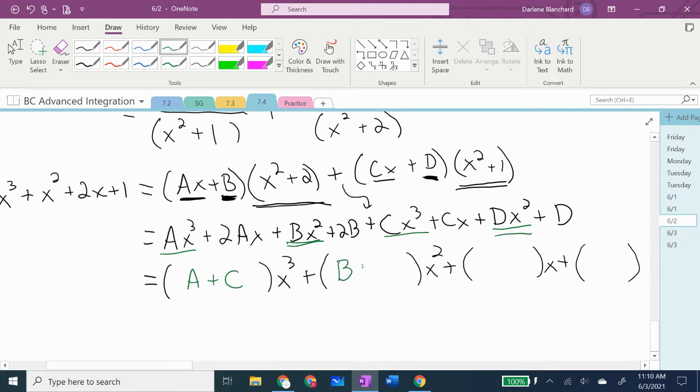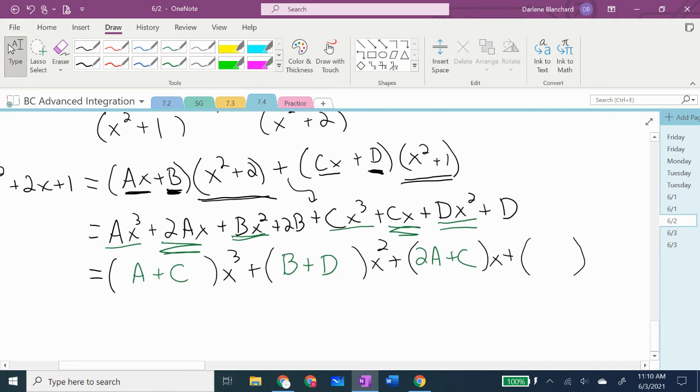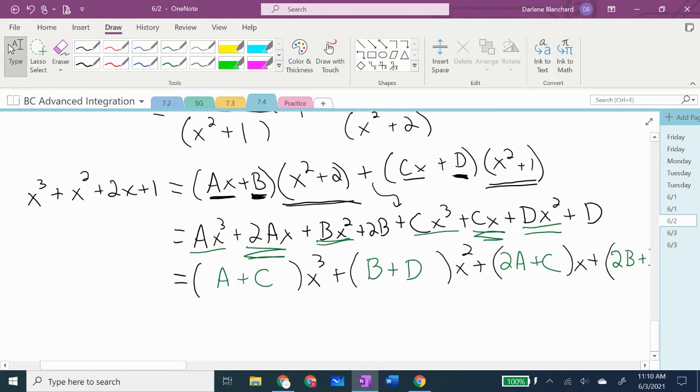So the coefficient for x squared is b plus d. For x's, I have 2ax plus cx. So 2a plus c is my coefficient for x. And anything left over should not be multiplied by x, so it is part of the constant term 2b plus d.